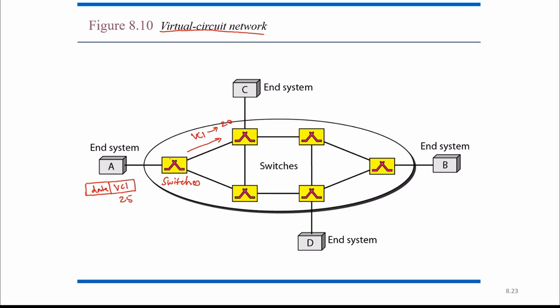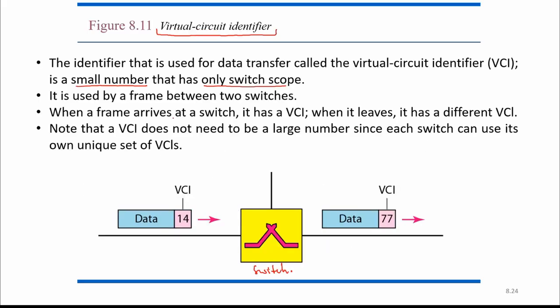The scope of this VCI is only up to a switch. If it goes away from this switch, the VCI value will change. So whenever we send data through a switch, it will have a VCI, say 14, and once it passes through the switch, the VCI value will change to some other value. This is the basic idea of the virtual circuit identifier.